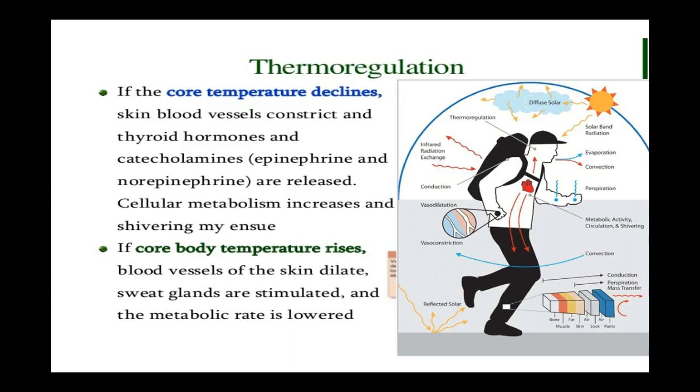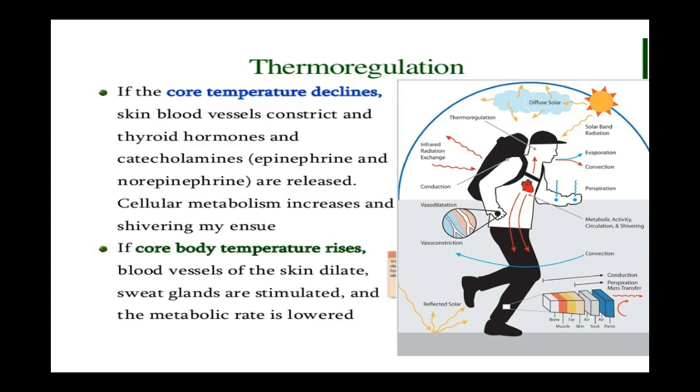Not only that, but the blood is also shunted toward the core, and your cellular metabolism increases because of the muscles contracting, otherwise known as shivering. But at any rate, your cellular metabolism is going to increase even if you aren't shivering, but it's going to increase even more so if you have muscles that are contracting. We'll put shivering muscles in there, and that's the thought.